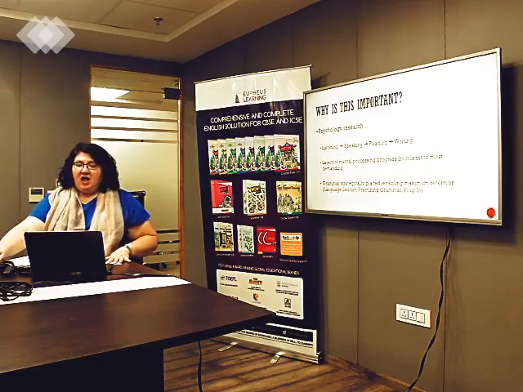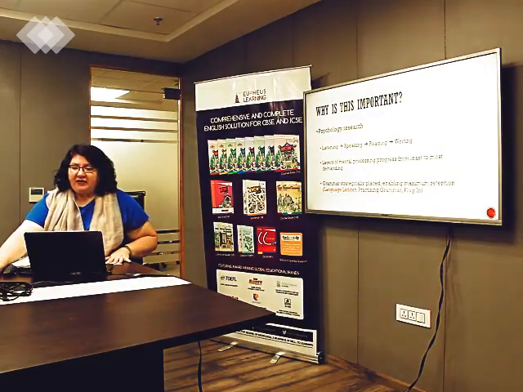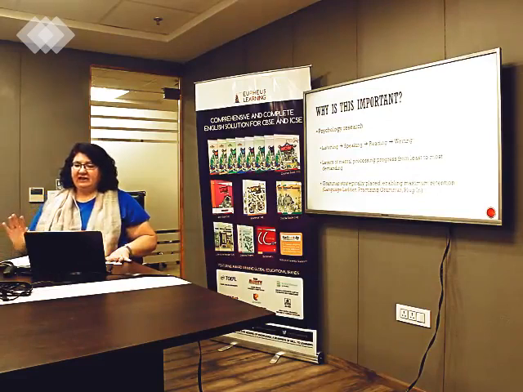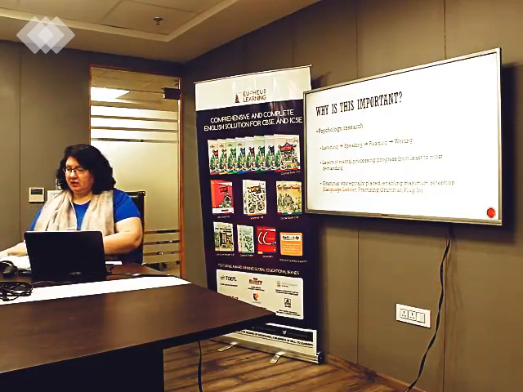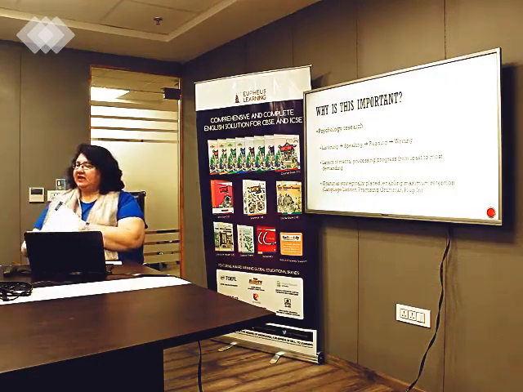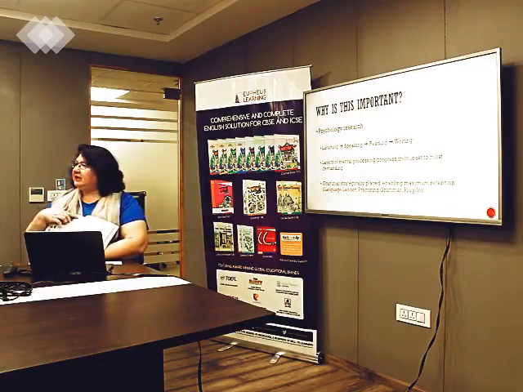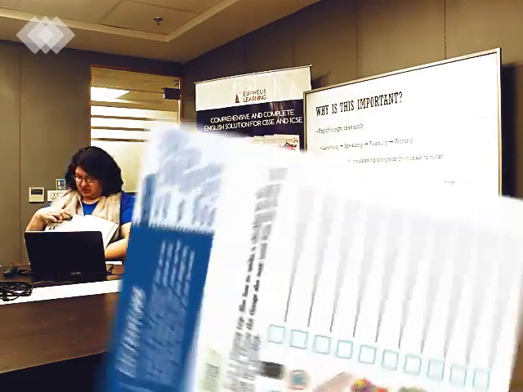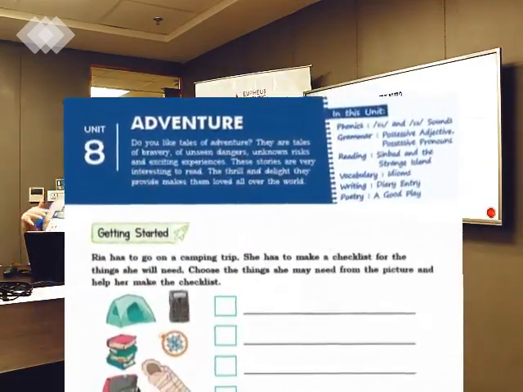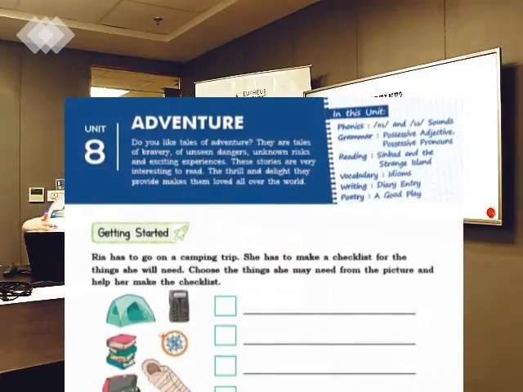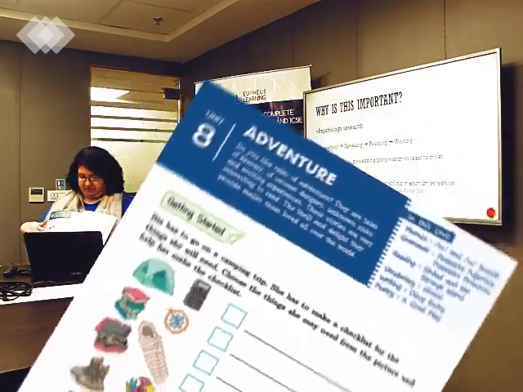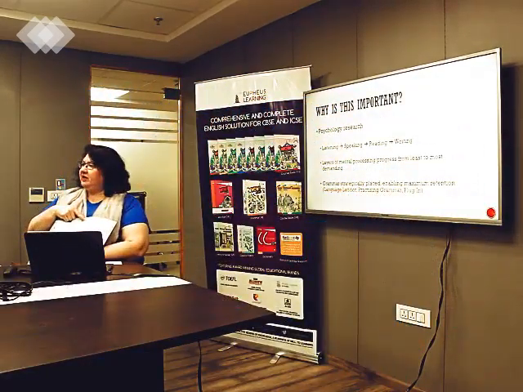Okay, so let's take a look at how this works. Again, let's go to chapter 8. So you can see that the unit here, chapter 8, begins with this little map up here of the skills. And then we begin with the introduction, the warm-up, and we start with listening.